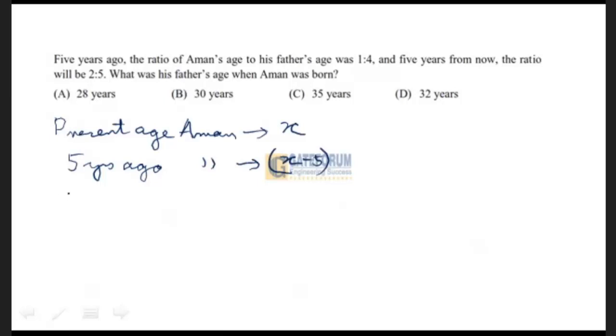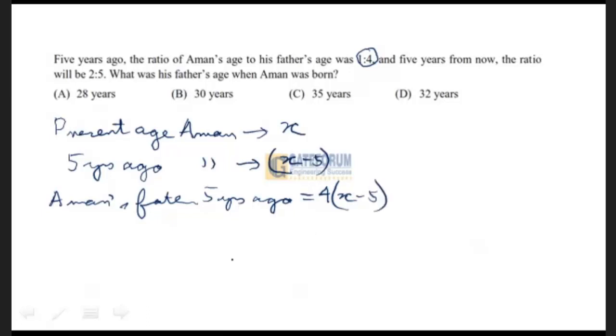So therefore, the age of Aman's father 5 years ago would be 4 into X minus 5, since the ratio is 1:4 and Aman is X minus 5.